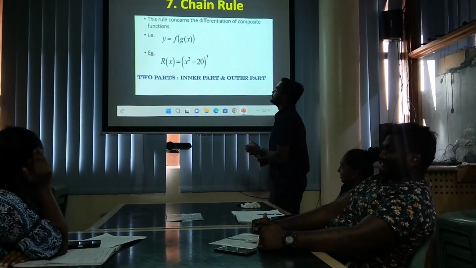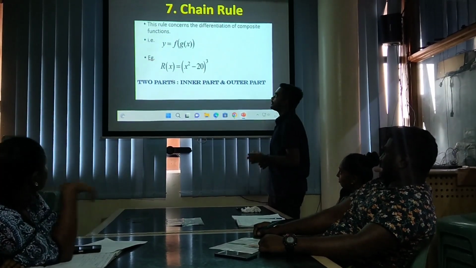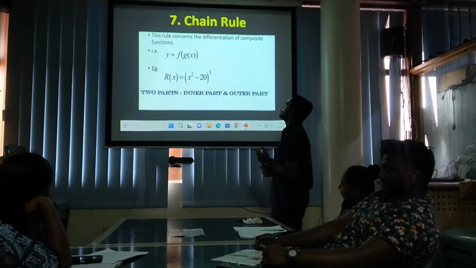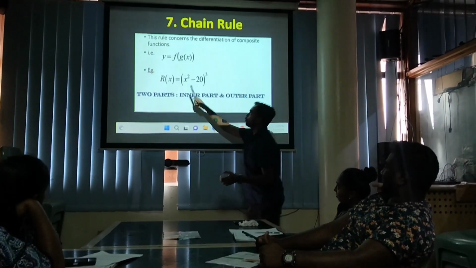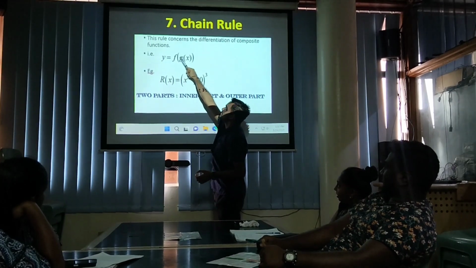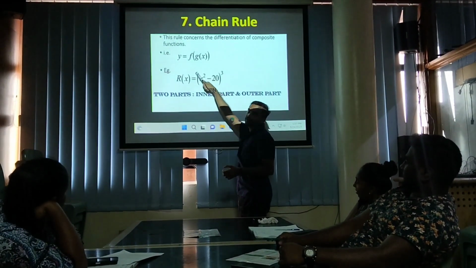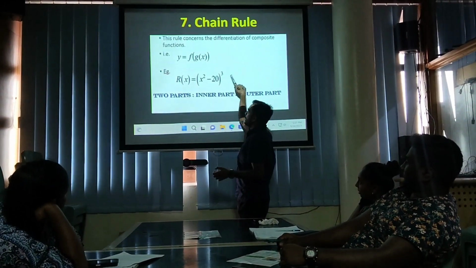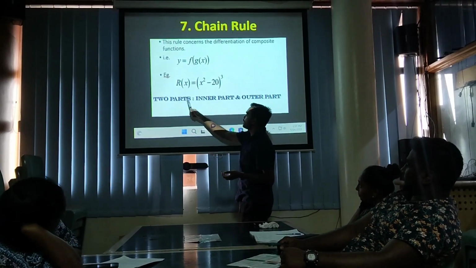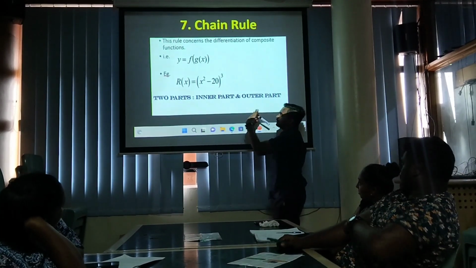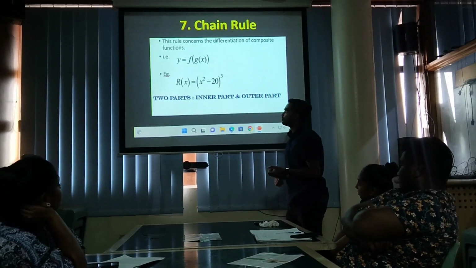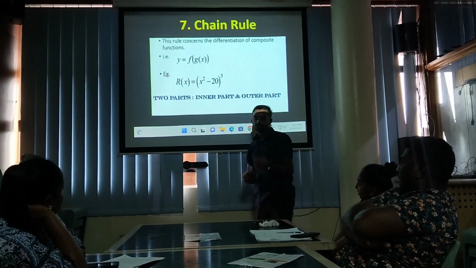This is our last rule, the chain rule. The chain rule simply covers the differentiation of a composite function, where y is equal to f of g of x. So this is our example. It simply has two parts, the inner part and the outer part. I know it's a bit confusing, so you can note it down.